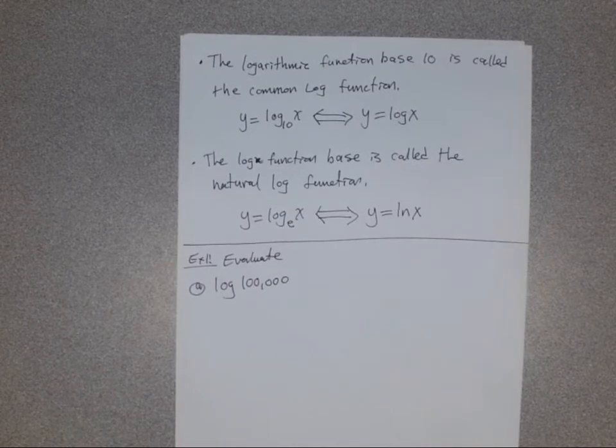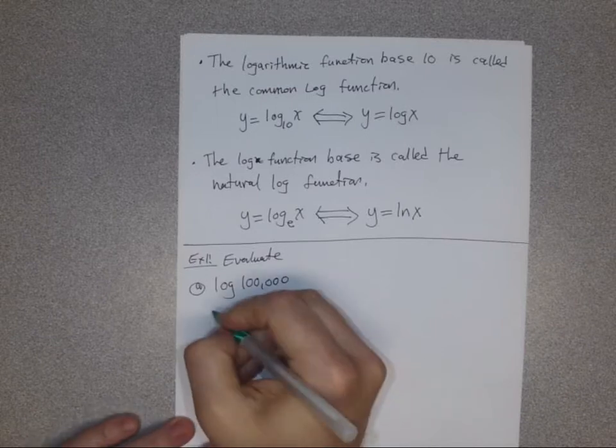What I've shown you before is I said this was equal to something, and all we did was converting. But now I actually want you to tell me what log of 100,000 is equal to. So the way you start is you need to set it equal to something, so that way we have something to work with here.